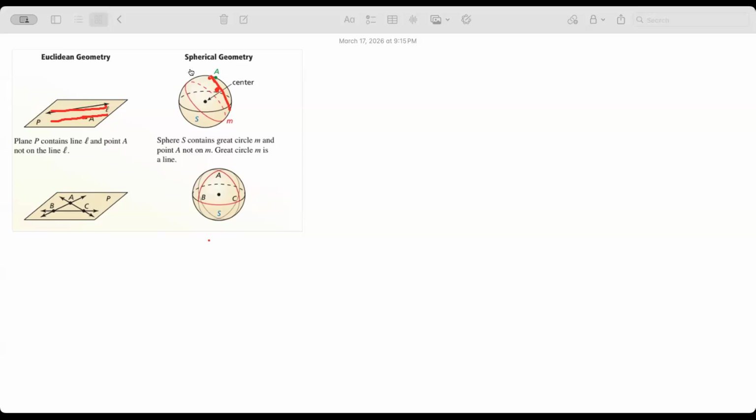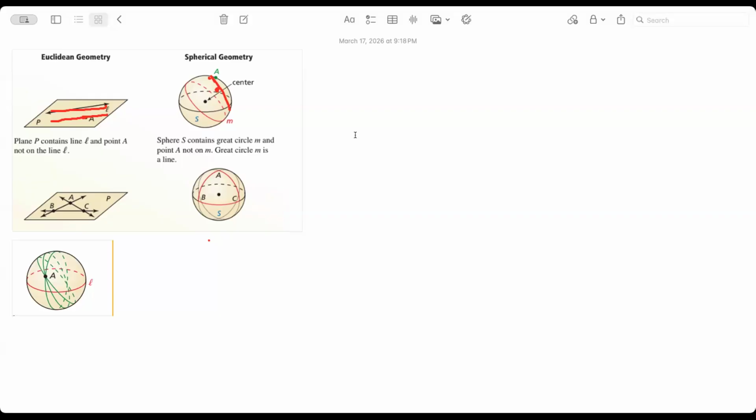How about this? There is a line L. I want to draw, there is a point A. A is not on the great circle. Do you think I can draw another great circle through A parallel to L?